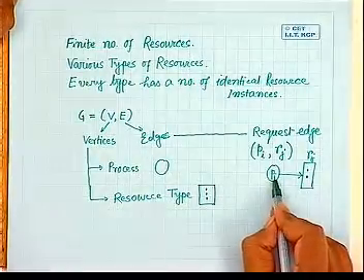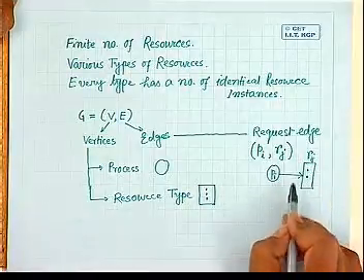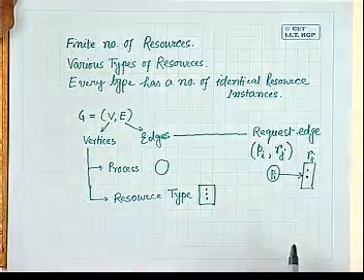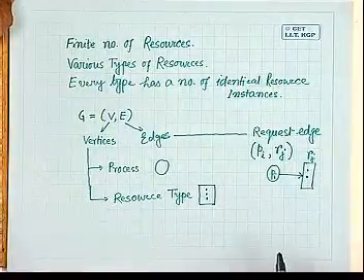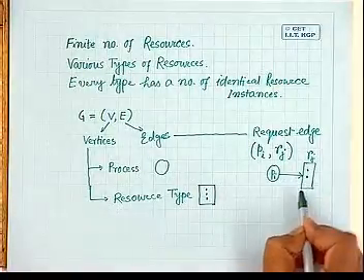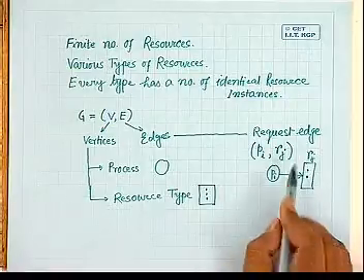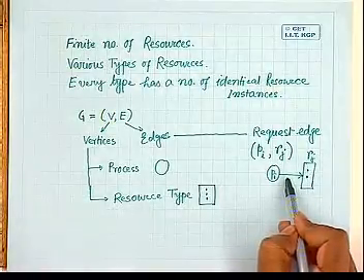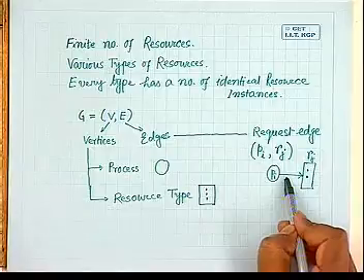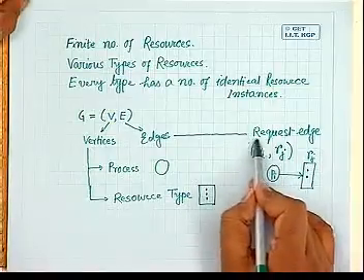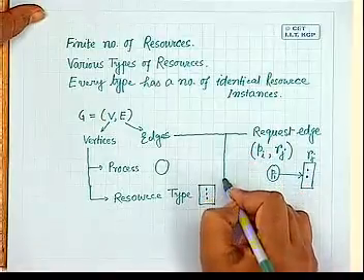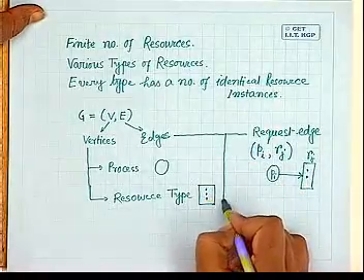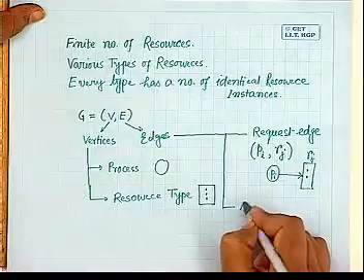Now, since Pi has put a request for Rj and our assumption is all these instances are identical, when this request is actually met, that is, a resource instance is actually allocated to the process, then this request edge will be converted to an allocation edge. So, one kind of edge we have is the request edge, and the other kind of edge in the graph is called an allocation edge.